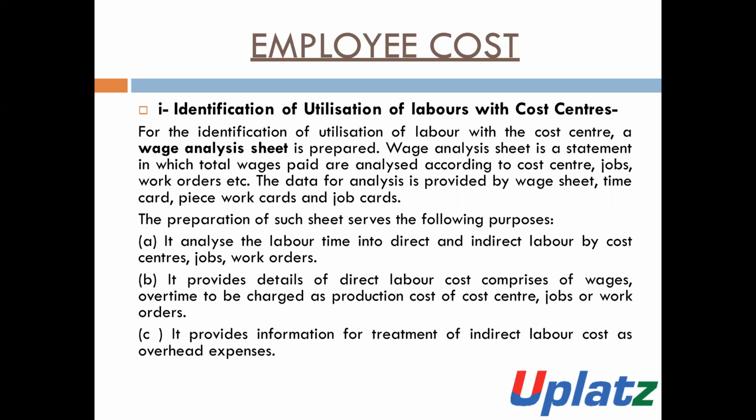This sheet also provides the detail of direct labor cost, which comprises wages and overtime, which is to be charged as production cost of the cost center, job, and job order.